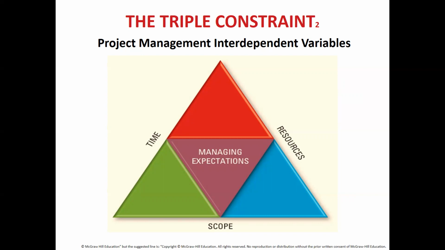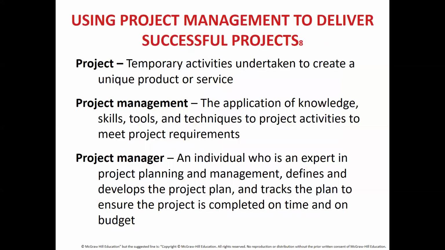If the number of resources increases, you will need time to get the resources, and your scope will also likely be affected. If you are consuming more time to get the project done, that means you will need more resources, more people for that more time that you are asking. And moreover, it will most likely affect the scope of the project. So all three of these are interdependent. They depend on one another.